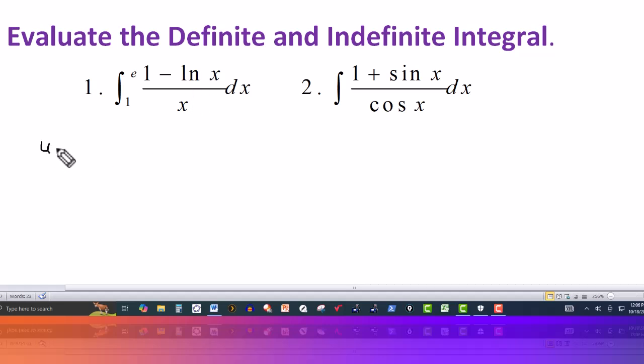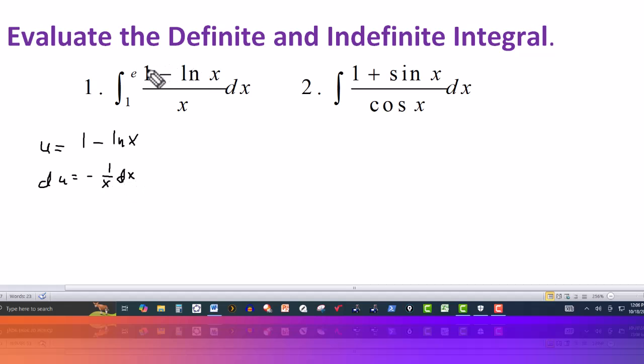And that'll work. What I'm going to do is I'm going to let u equal to what's in the numerator. So then du will equal to the derivative of 1 is 0, the derivative of ln of x is 1 over x, and of course you have the minus, and we got the dx here.